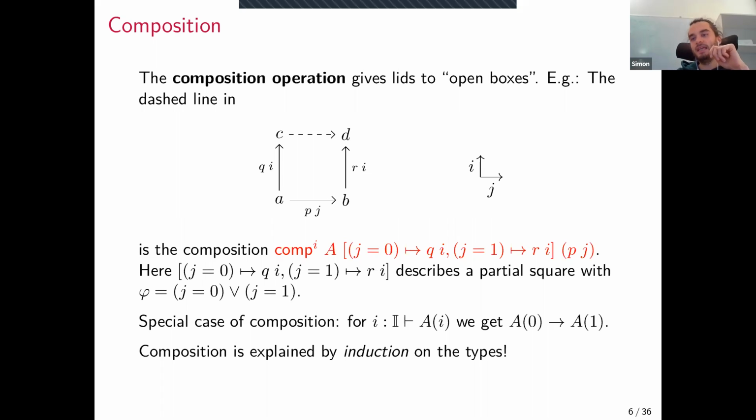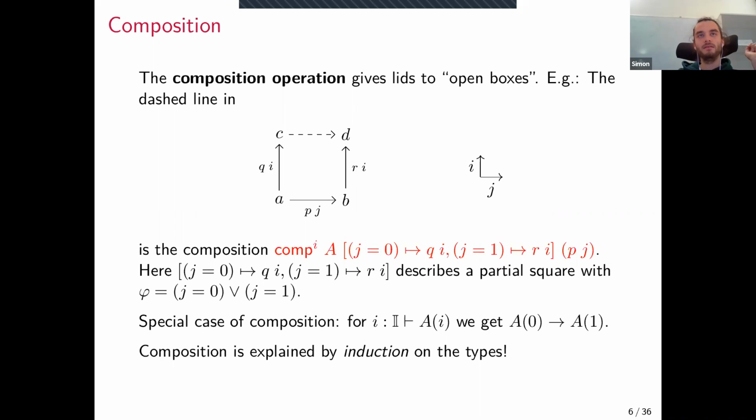And what they do is they give lids to open boxes. So for example, I have here an open box, described by this q, r, and p, where I only gave the lines, and a composition of this, what I wrote here in red, is the dashed line above.